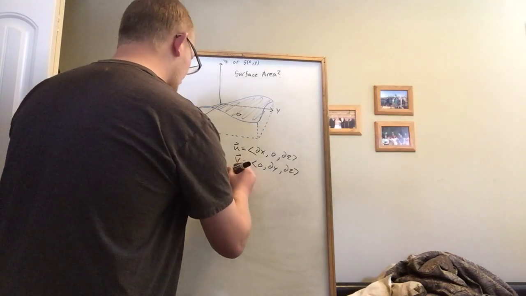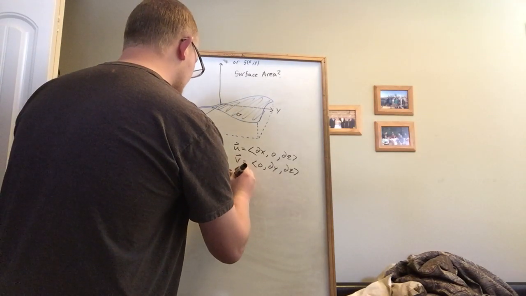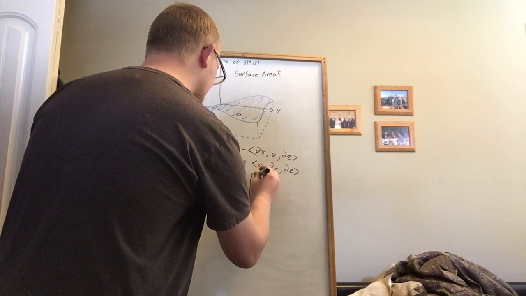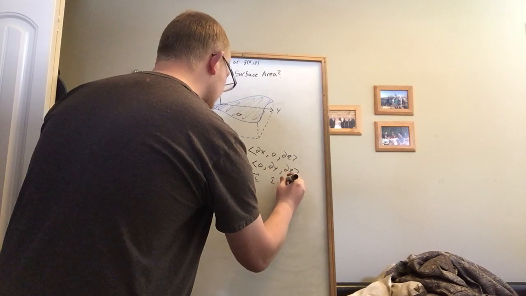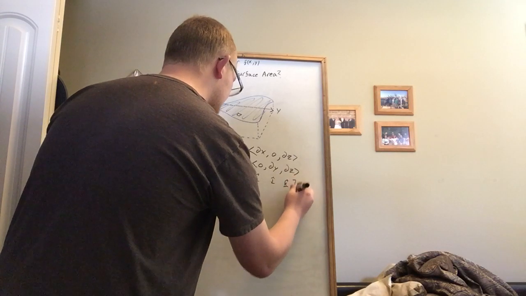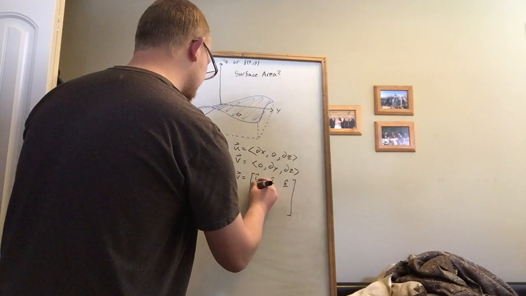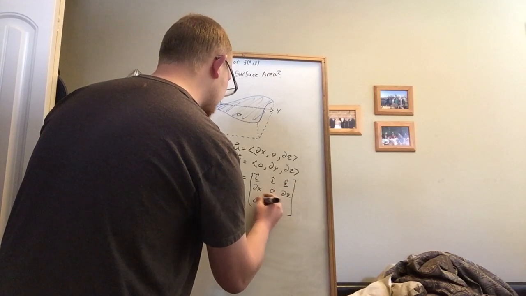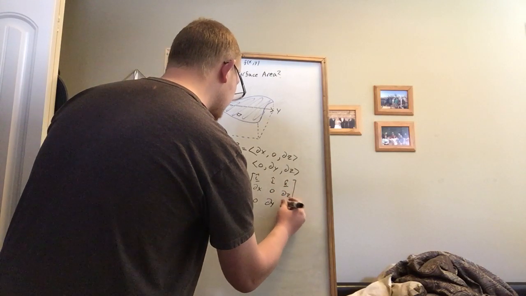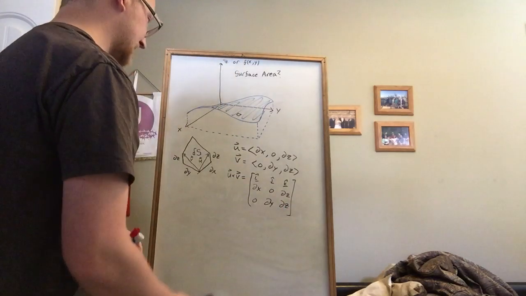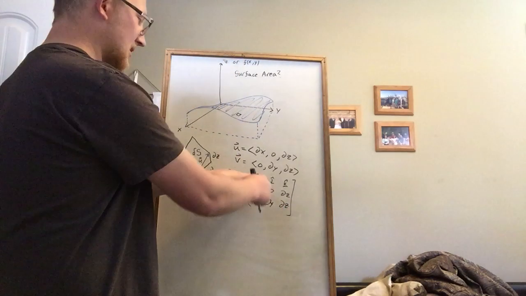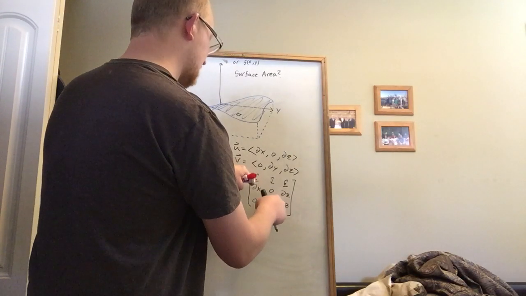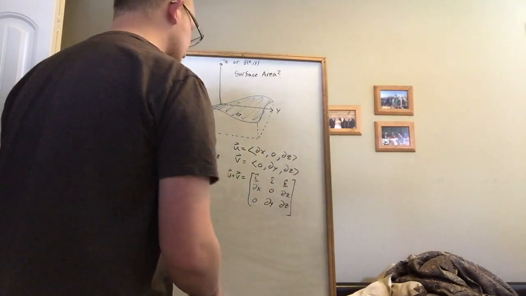So we want to figure out what u cross v is, and we'll set up our determinant matrix, with dx, 0, dz on one row and 0, dy, dz on the other. And we'll go ahead and take the cross product. For the i component, it's 0 times dz, which is 0, minus dy times dz.